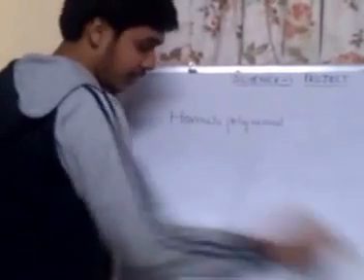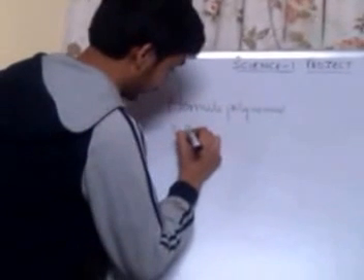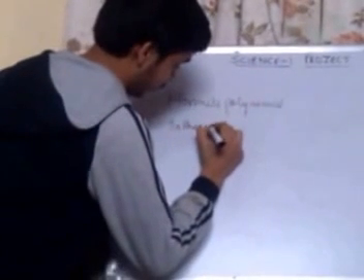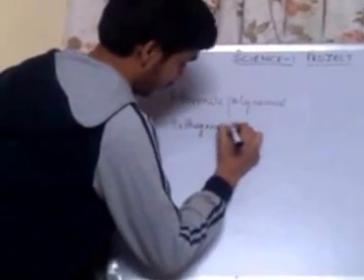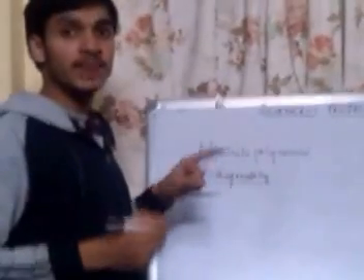Starting with the most important property, that is the orthogonality. The Hermite polynomials by themselves are not orthogonal, but they are orthogonal with respect to e raised to power minus x square.